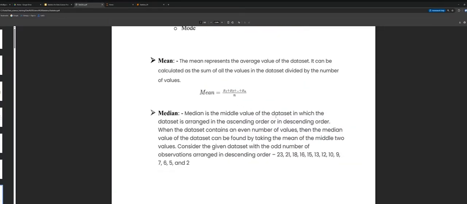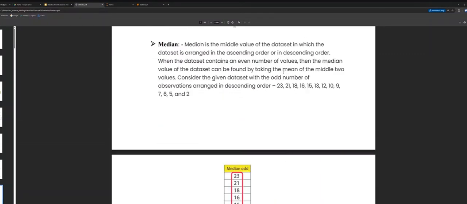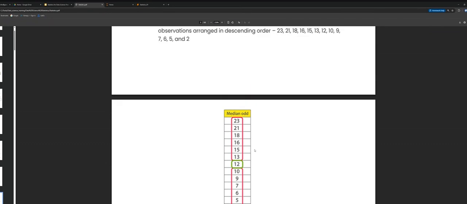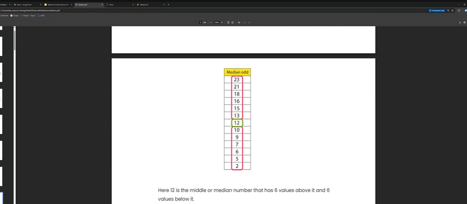Median is the middle value of a data set. First you have to arrange your data in ascending or descending order and then pick the mid value. This is an example. When you put it in Excel, this is how it looks. This is ascending.